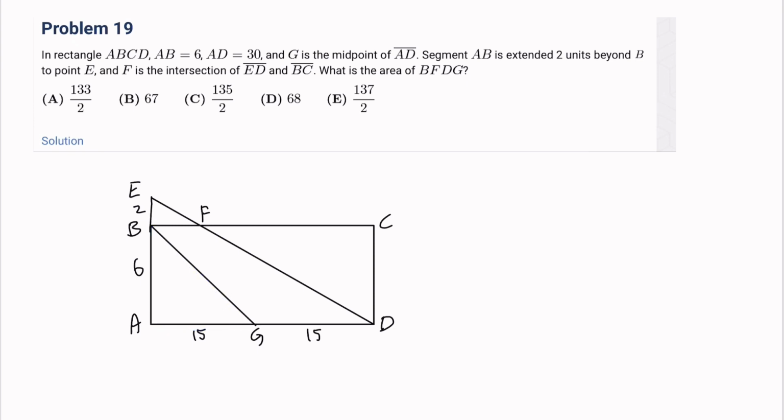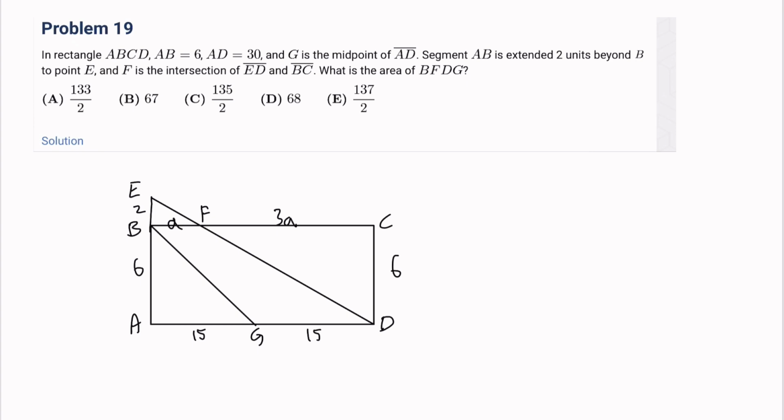And so first of all, what we can notice is this triangle and this triangle are similar triangles, right? And so since this is 6, the ratio of the lengths is 1 to 3, so if this is A, then FC will be 3A, right?